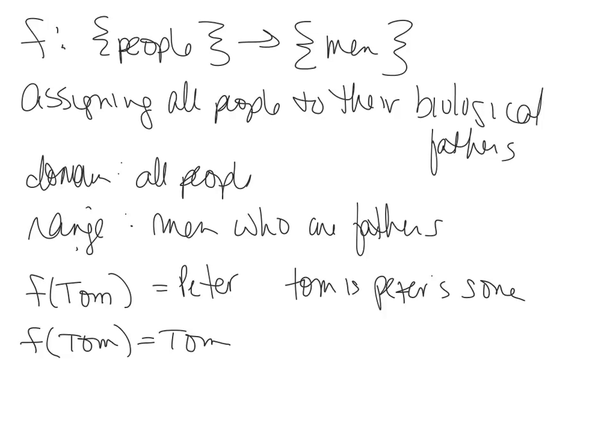Tom is his own son or father? That doesn't work. Tom can't be his own father, so it's impossible. So what did you really mean? Maybe Tom the second equals Tom the first. Okay.